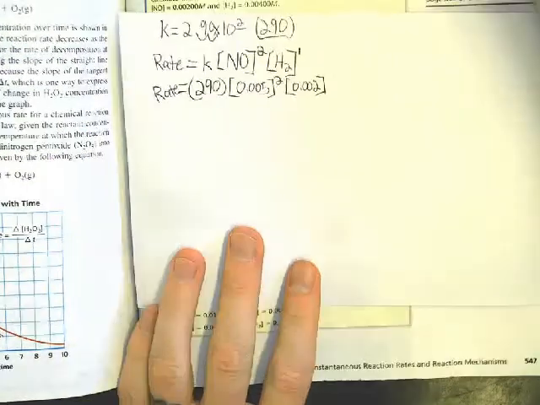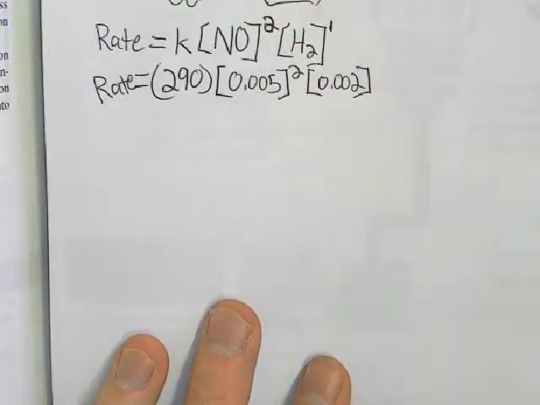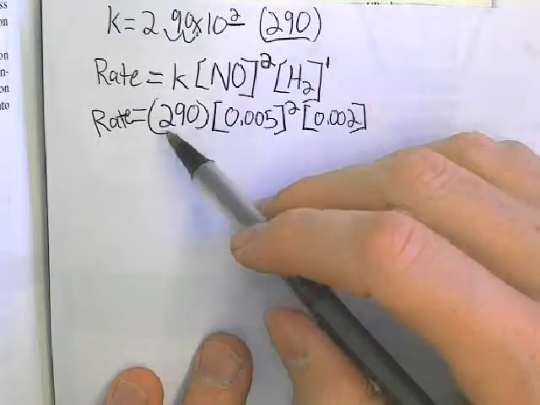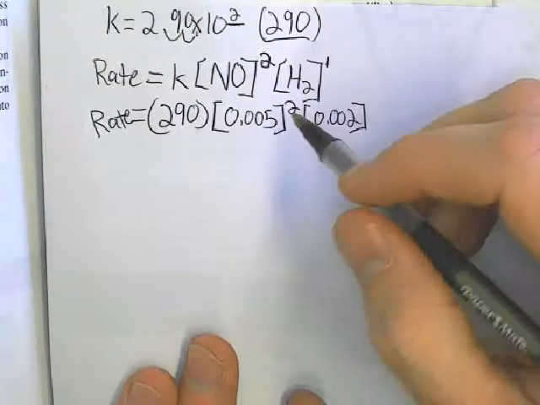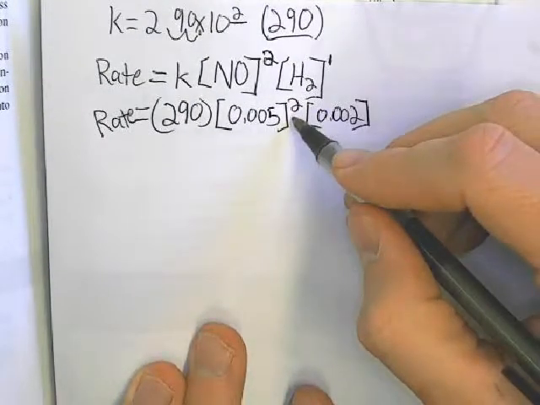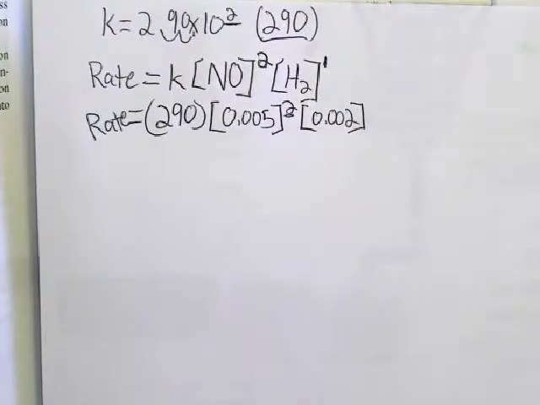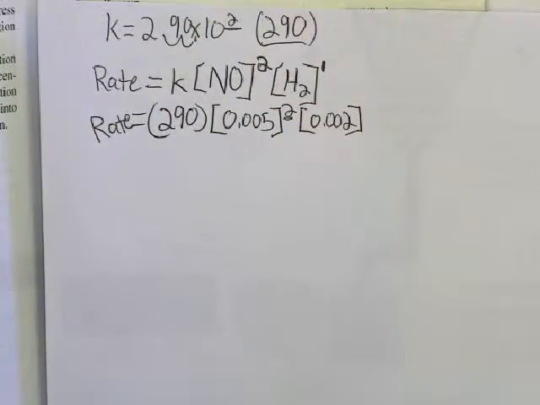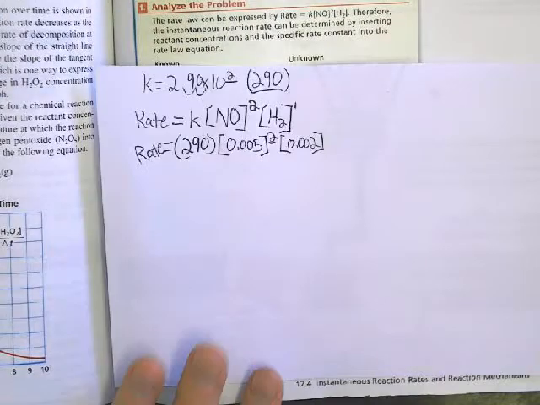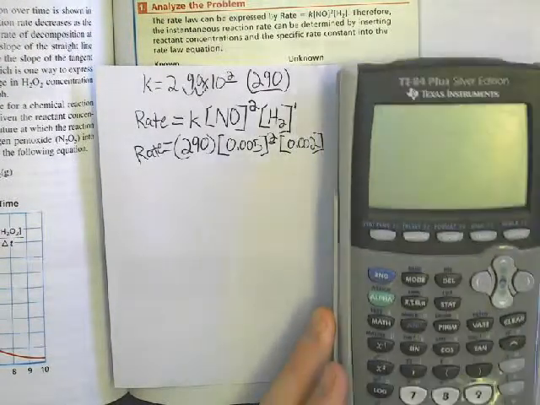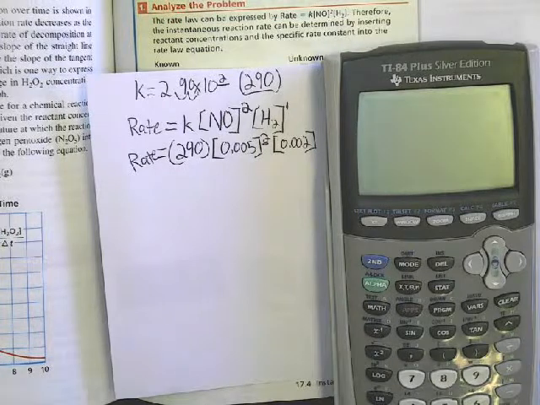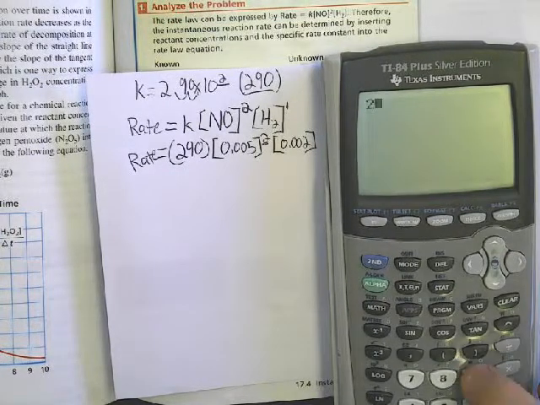So all you got to do now is just take your calculator and plug this in. The trickiest part is going to be making sure to remember to square just this one. Okay, so give that a try. And I'll do that with you. I'll put my calculator right here. Okay, so I'll go 290.